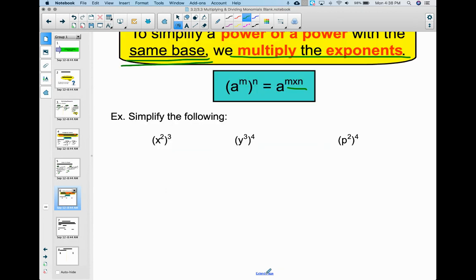So if we continue with that principle to simplify these examples below, we can say x, 2 times 3, that's the powers, which would be x to the power of 6.